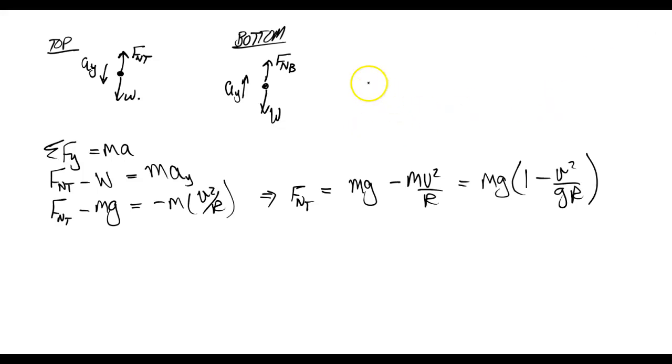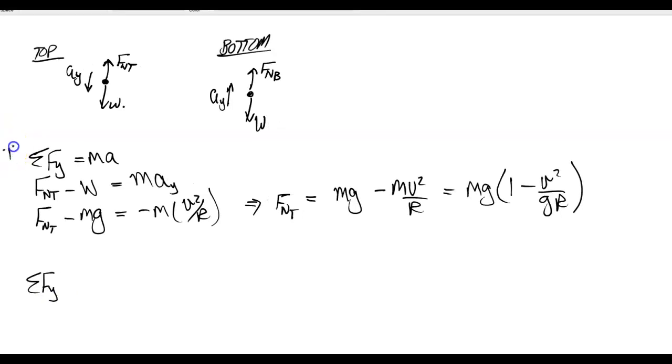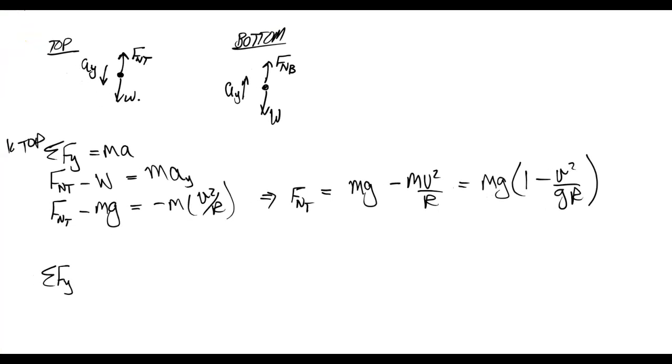And if we do the same thing for the bottom, and we do the sum of the forces in the y, so this is for the top. Let me adjust my screen again. And this is for the bottom. Sum of the forces equals ma.